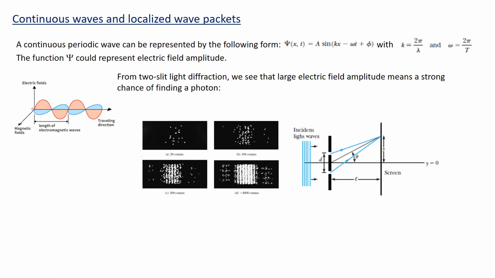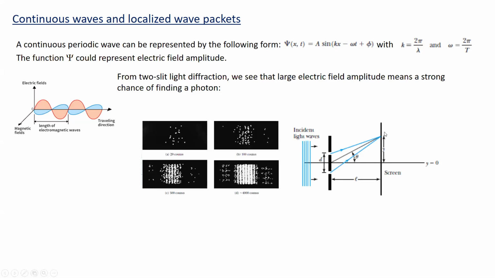However, how do we interpret this psi for electric fields? Well, from the two-slit light diffraction experiment that Thomas Young did back in the early 1900s, recall that we have incident light waves, two slits in a barrier, and light incident on a screen.